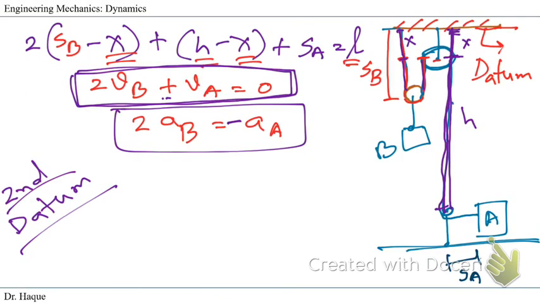If we go back to the previous one, we'll see that when SA increases, the pulley goes upward, meaning the SB from the top reduces from the previous position. So SB is reducing while SA is increasing, and that's why they have a negative sign, opposite from each other.